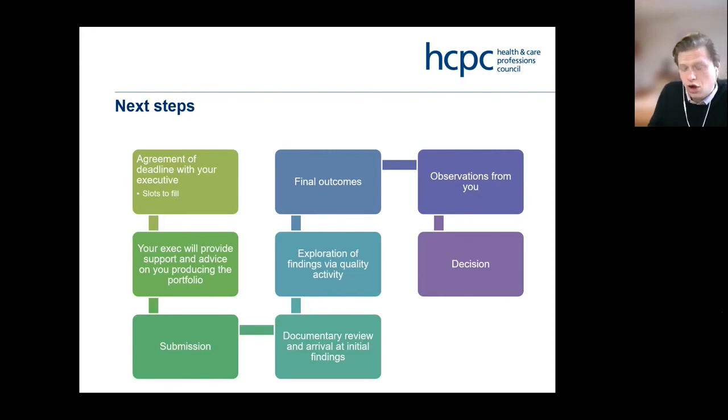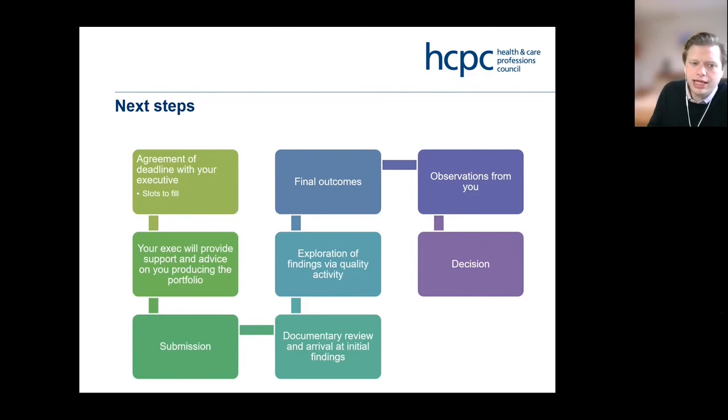You then get the opportunity to comment on those outcomes, which will be based around whether you're performing well, and how long it should be before we next engage with you. We ask you to provide some observations on both of those things, and then a decision is made by our education and training committee. So at a high level, that sets out what your interactions with the process will look like.